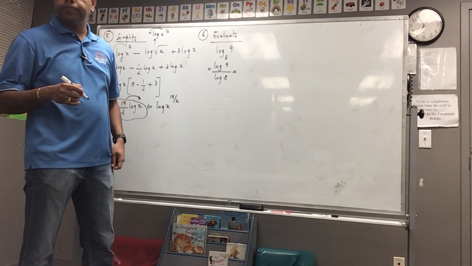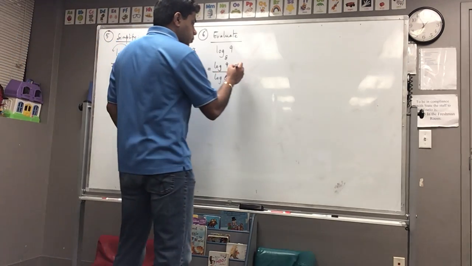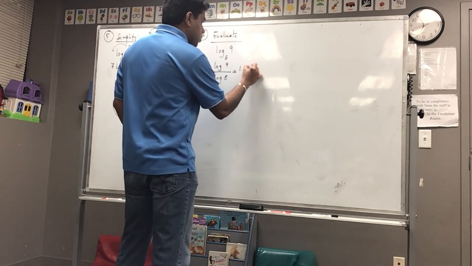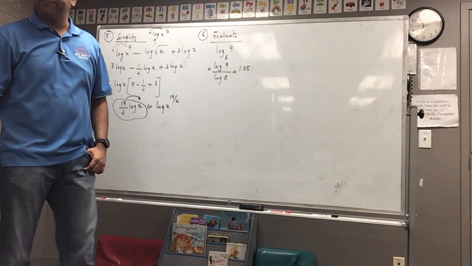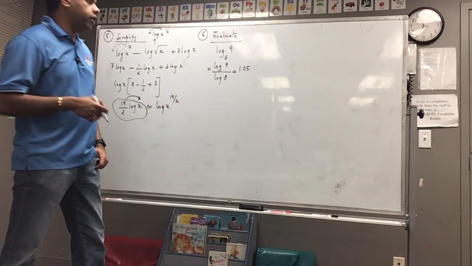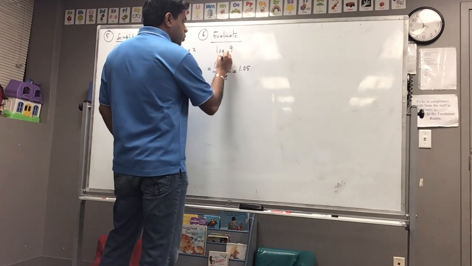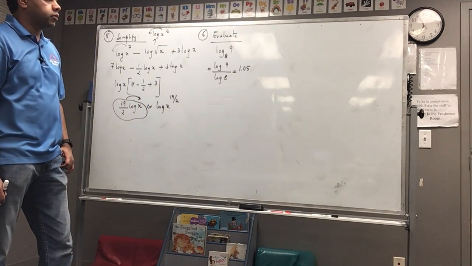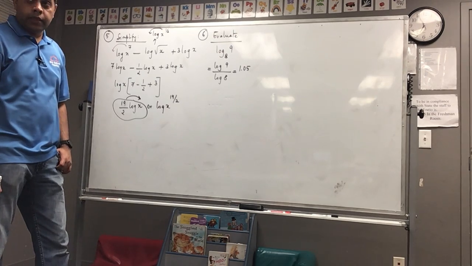Tell me the answer. What do you guys get? 1.056. 1.05. That's good enough. Okay. Make sense? So this is the change of base theorem. Very helpful. Even in college, you'll be using this quite a bit. Make sense?